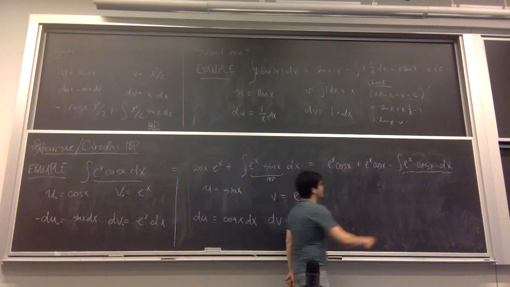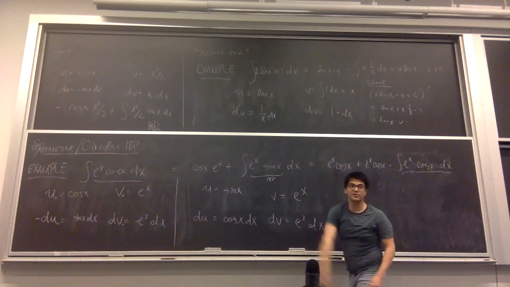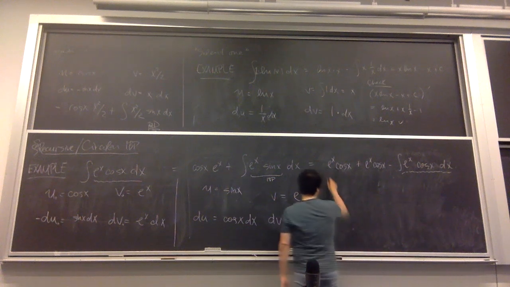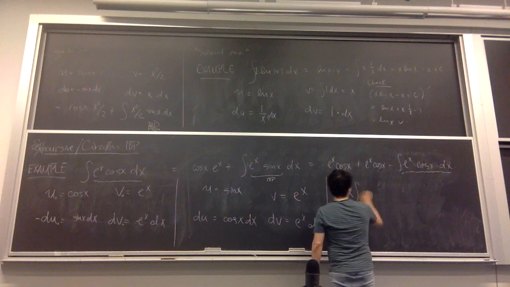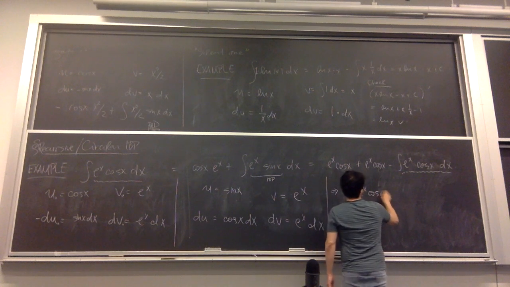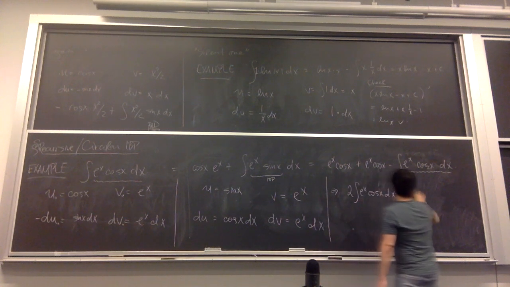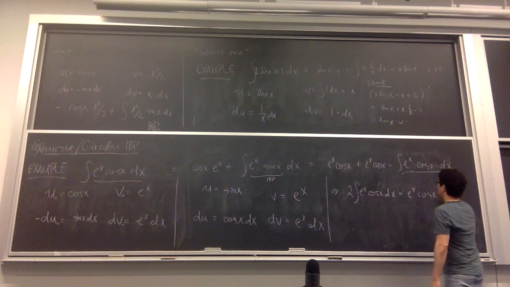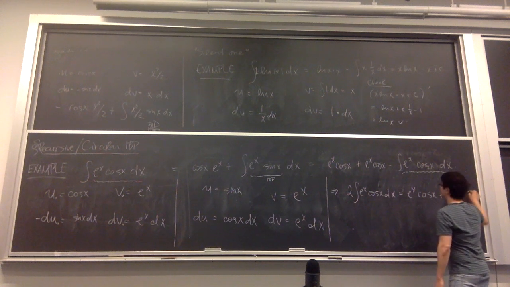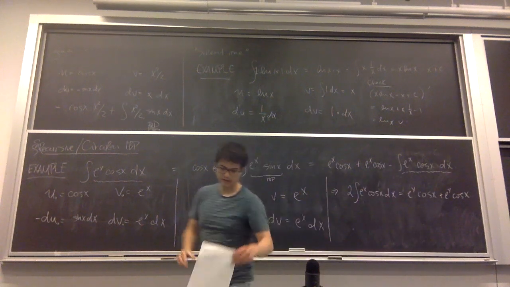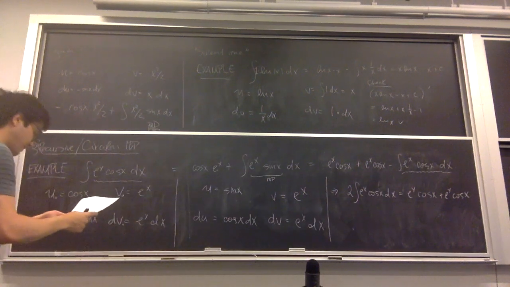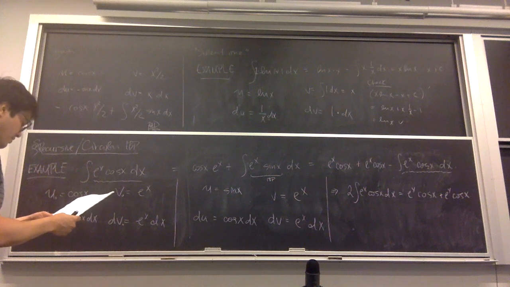What I want to do is take this and move it to the other side. And when I do that, what are you going to get? You're going to get twice the integral of e^x cos x dx is equal to e^x cos x plus e^x cos x. I think I may have done this wrong. Oh, hold on, yeah, I think I've done something wrong. What did I screw up?